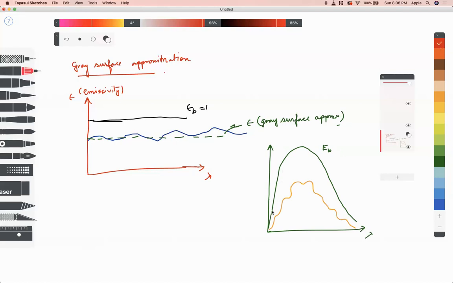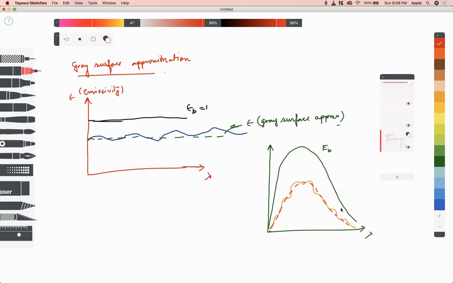In order to have a smoother calculation, we will assume it to be like this. This is your gray surface approximation, because finding the area under a smooth curve is much easier than finding the area under this yellow curve.